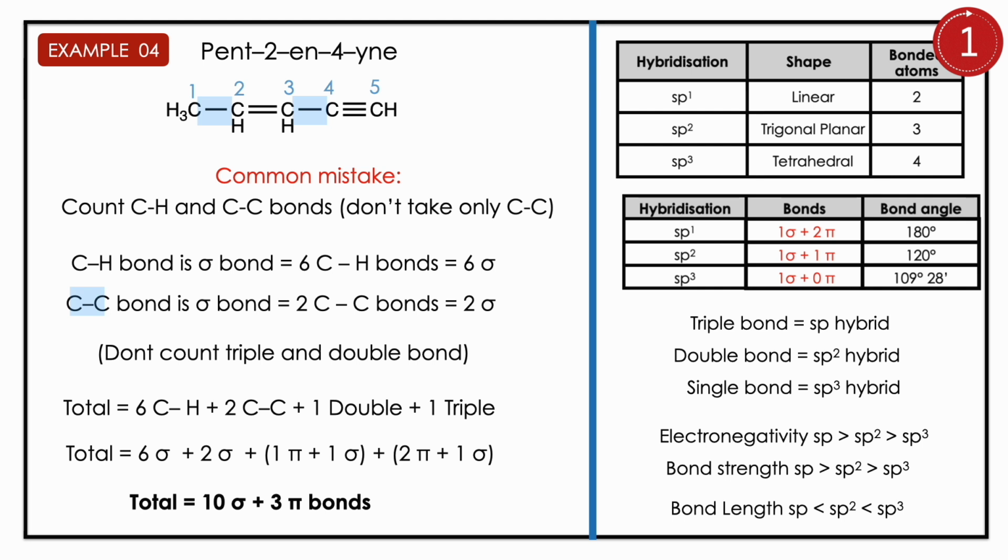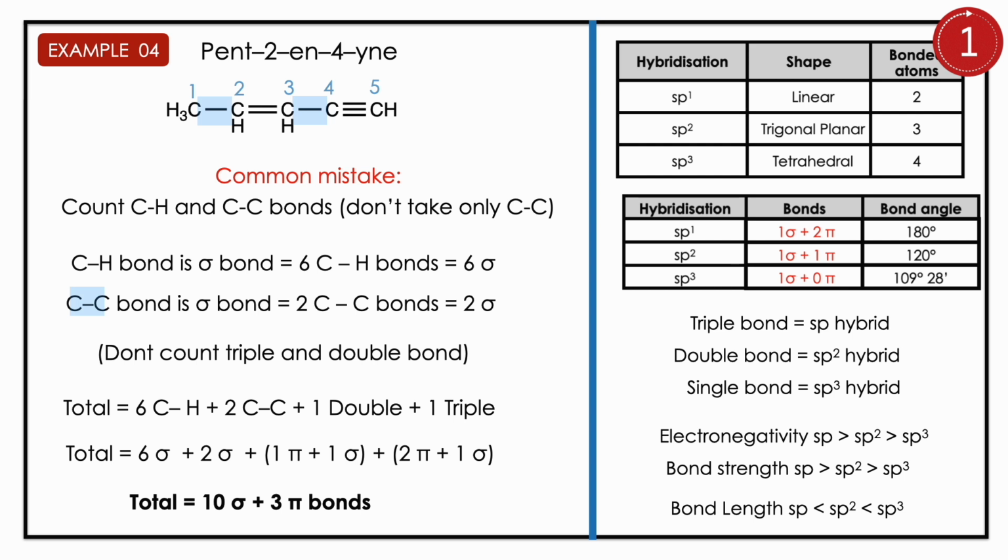Here the common mistake is to count only carbon bonds but forget the CH bonds. If you look at the CH bonds, there are 6 CH bonds. Carbon carbon bonds means 2 carbon carbon sigma bonds. If you look at the double bond, one is from the 2-3 carbon, one is from the 4-5 carbon.